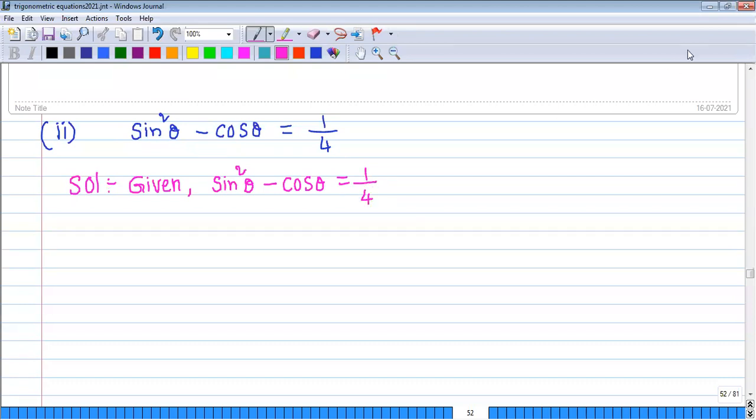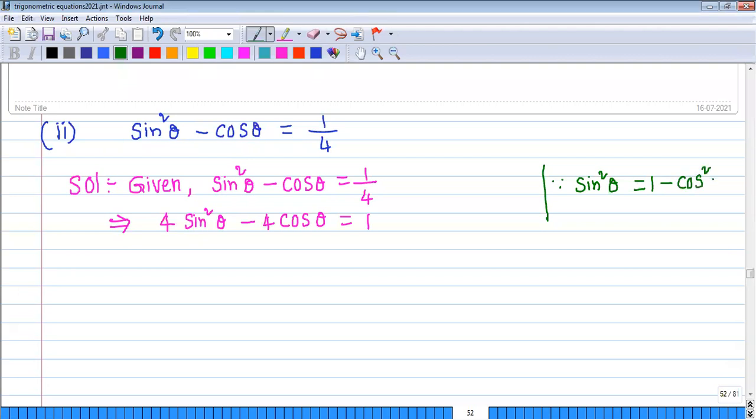Multiply 4 on both sides. Then what do you get now? Cross multiply: 4 sin square theta minus 4 cos theta equals 1. We have sin square theta equals 1 minus cos square theta.